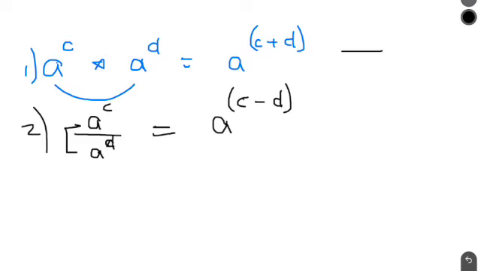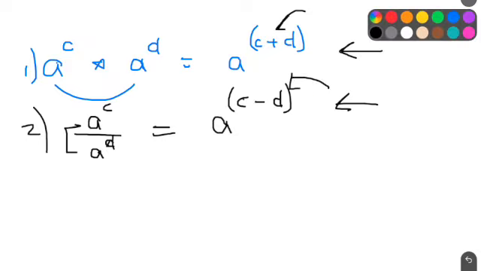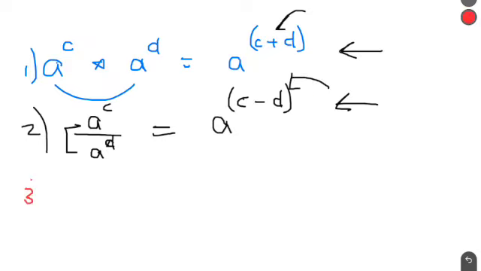So multiply, we add the exponents. Divide, we subtract the exponents. And the last rule we saw is if we have A to the power of C, and then all to the power of D, we just multiply the exponents, C times D.